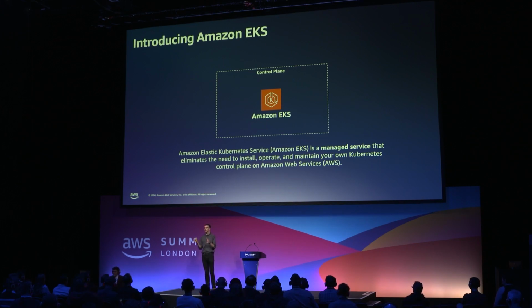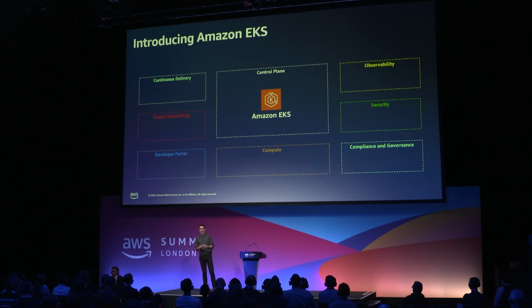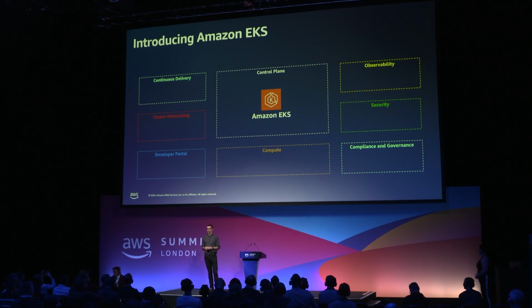That is the managed service element. You have a Kubernetes API that you can use to deploy your workloads. And then behind the scenes, we have opinionated ways to complete the rest of your platform, or through various integrations and work we do with our partners and ISVs, you can then complete the rest of your Kubernetes architecture.